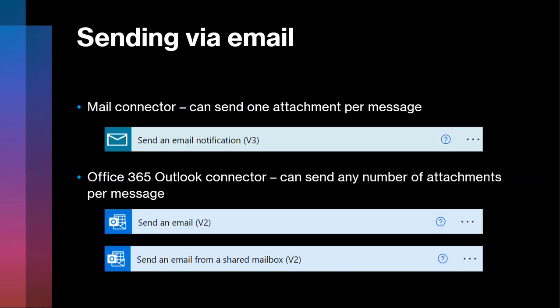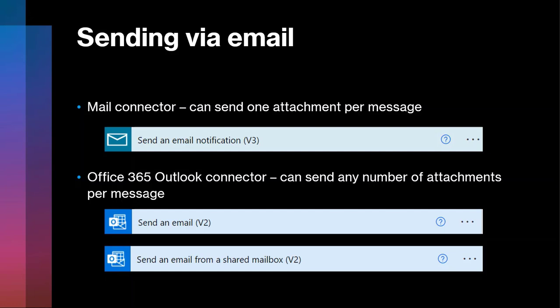It's logical. It allows you to tie the mailbox name or the sender name to the form in a logical way, as opposed to it coming from a person who the person filling out the form may or may not know.